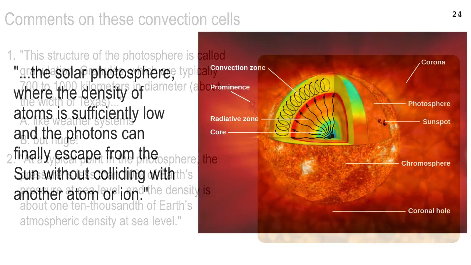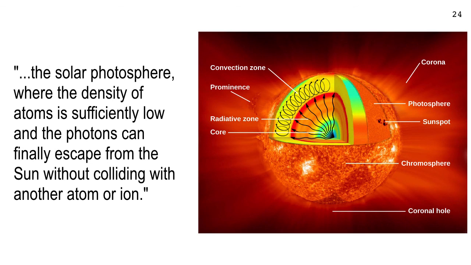So here's my final quote for today, and we'll dismiss in just a few minutes. The solar photosphere, where the density of the atoms is sufficiently low, and the photons can start to escape from the sun. Before that, when you're down here in the convection zone, and especially down here in the radiation zone, it takes thousands of years for a photon of light to start in a nuclear reaction in the core and make its way all the way to the photosphere because it gets bumped around.